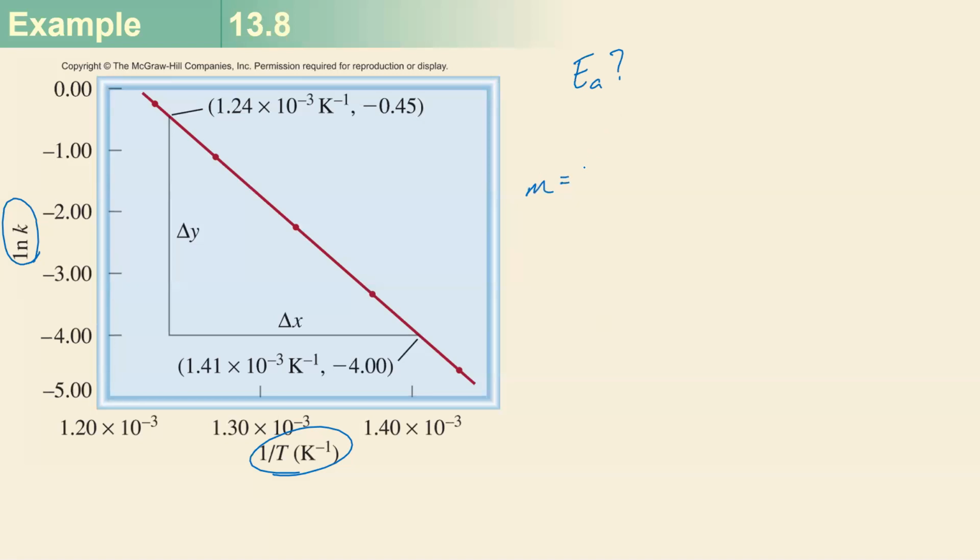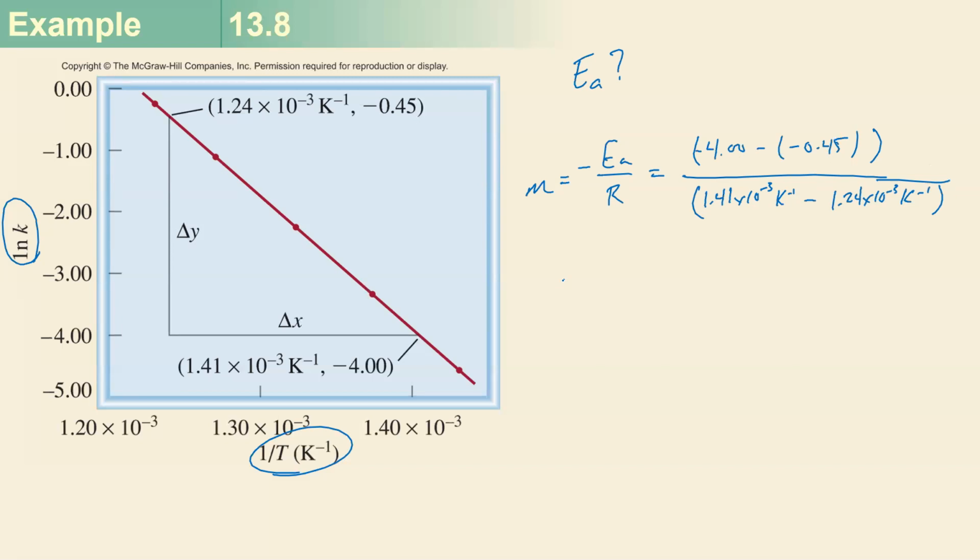M is equal to, just as a refresher, negative EA over R. And so the rise in our slope, -4 minus -0.45, divided by our run, 1.41 times 10 to the -3 per Kelvin minus 1.24 times 10 to the -3 per Kelvin. So quick calculation here.